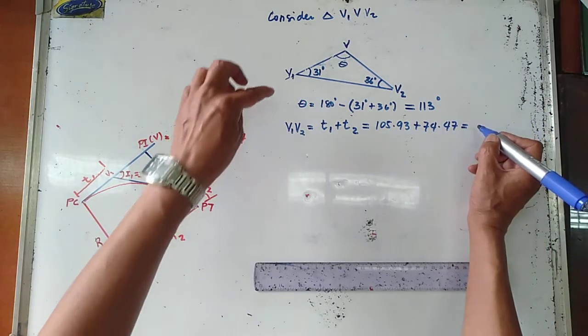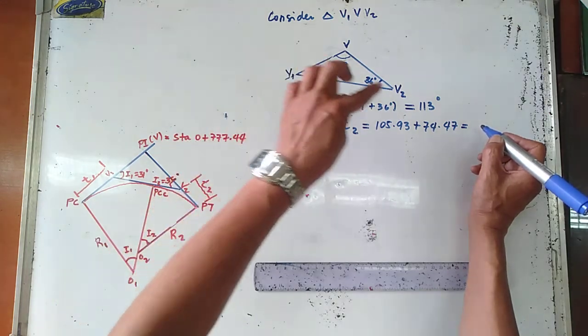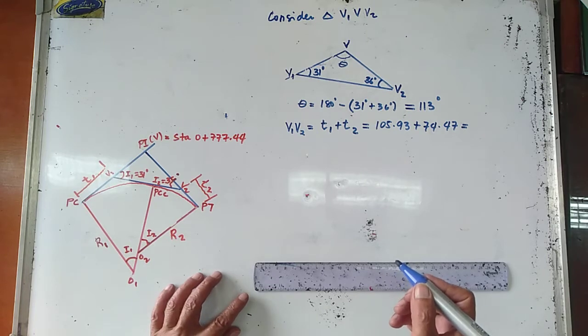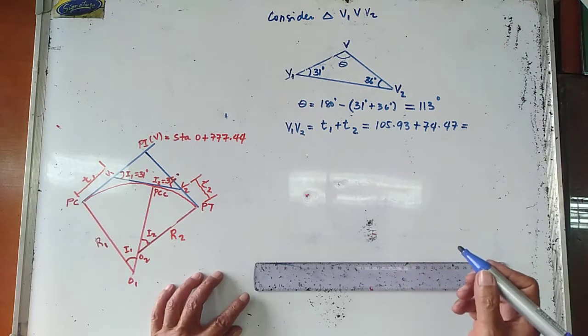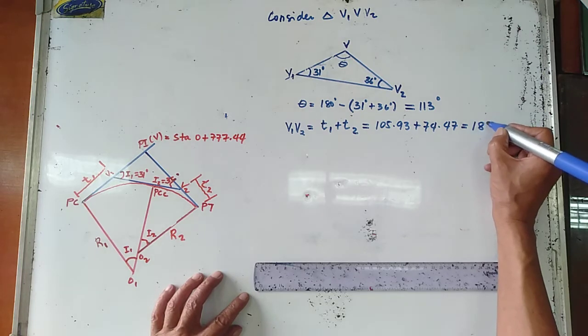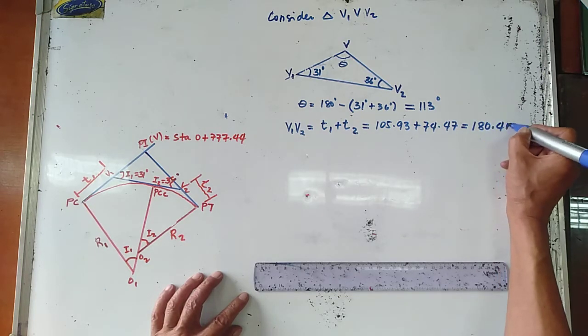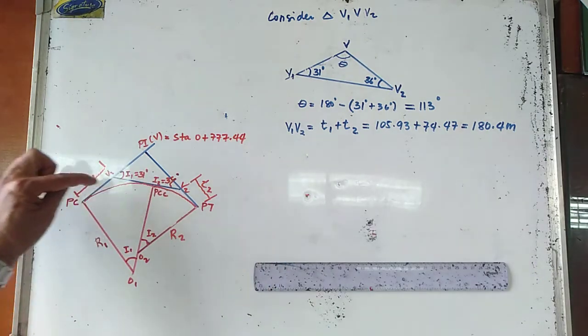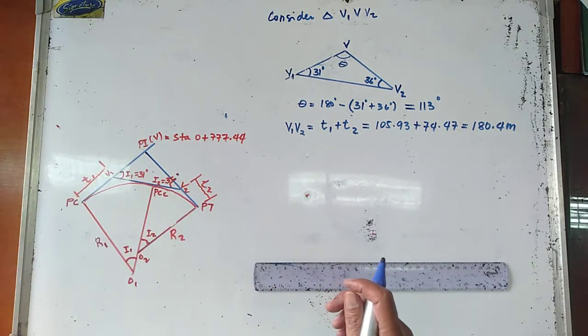Therefore, the distance from V1 to V2 of the compound curve is now equal to 180.4 meters. Okay, or this is therefore the length of the common tangent.